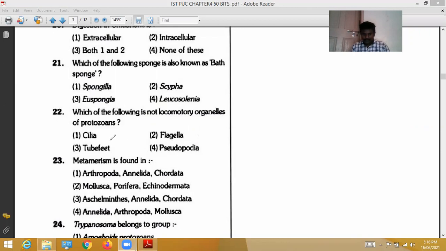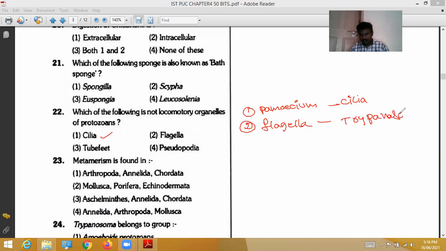Cilia is a locomotory organ in the protozoan Paramecium. Flagella is a locomotory organ in Trypanosoma, for example Trypanosoma gambiense.